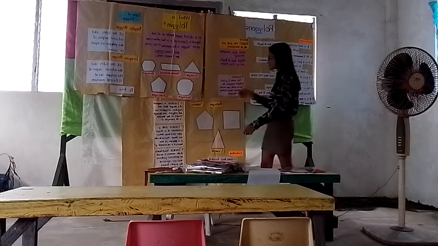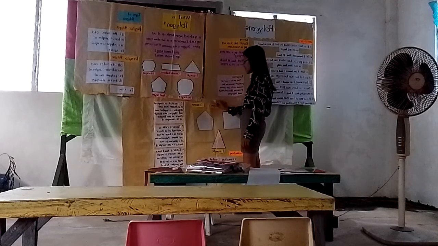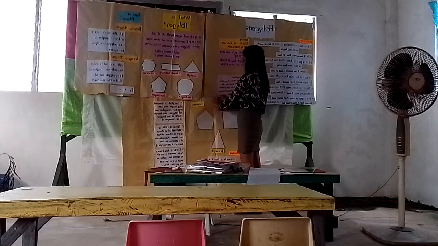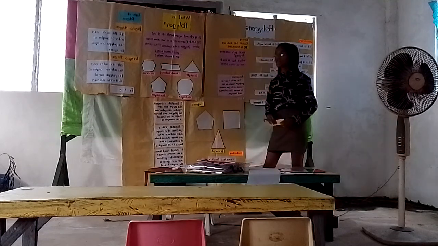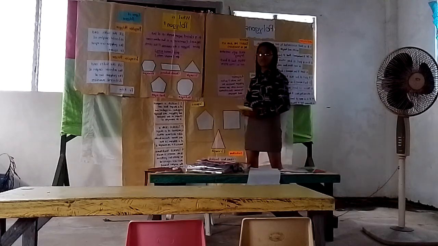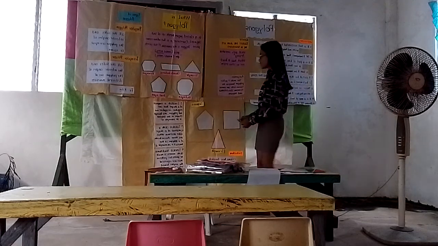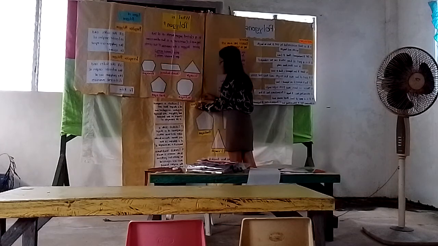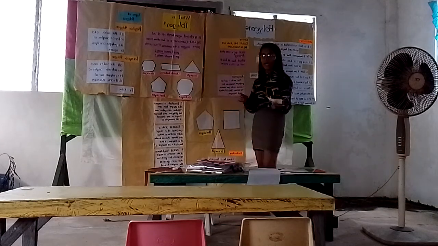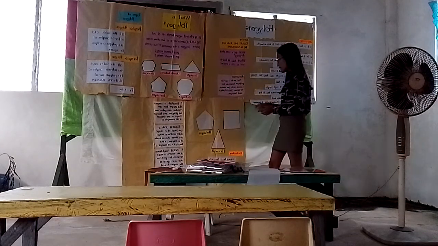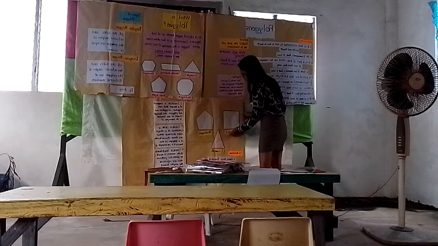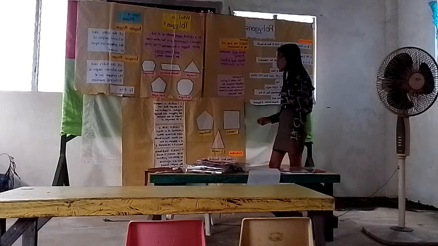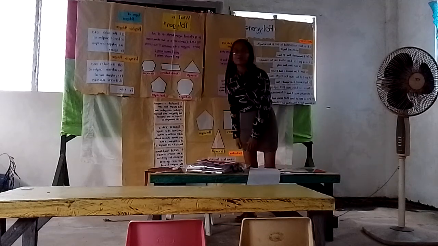Next is the pentagon. The pentagon has 5 sides. This is an example of a polygon also. So this is the pentagon. The last one is the square. The square is a known shape.